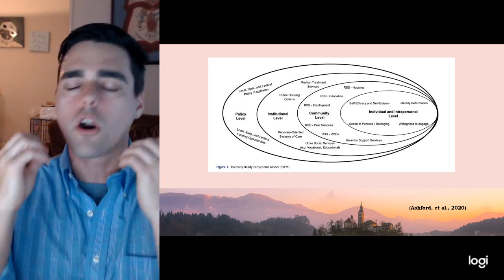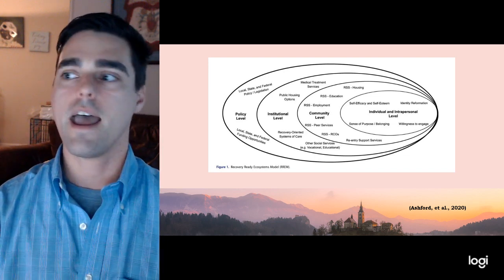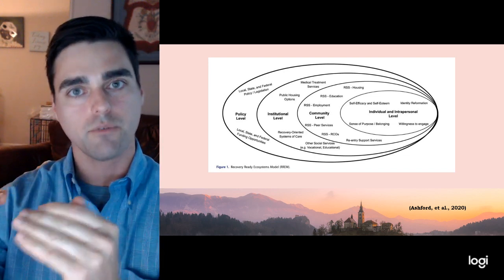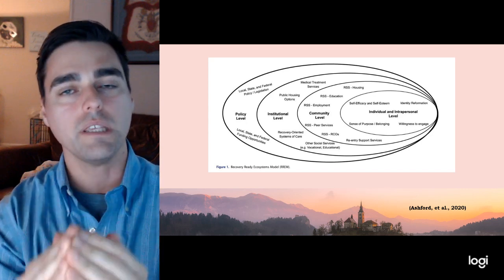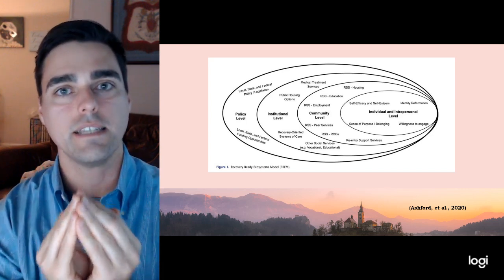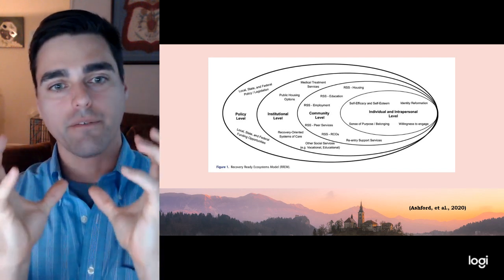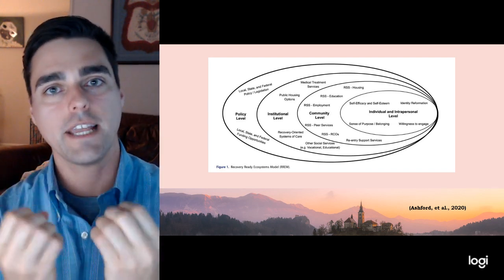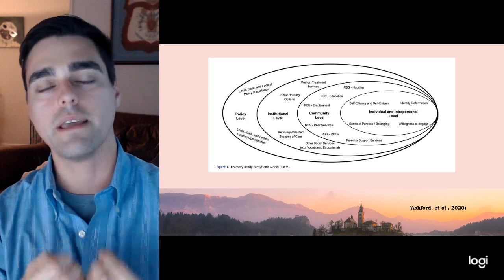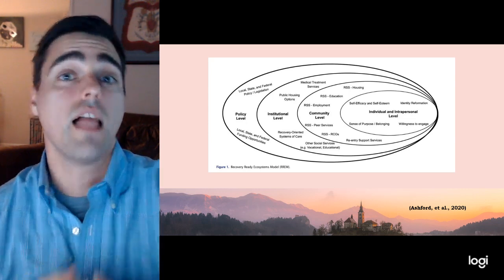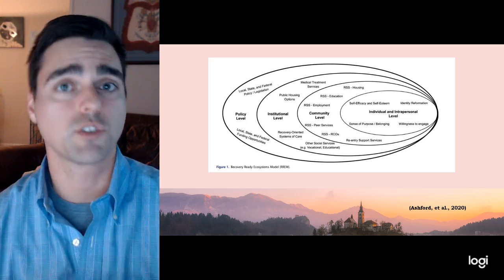There just aren't enough places like that, and that fits into that community level. How can we offer people the services that they need to be able to recover? Because if we have a better environment for recovery, the chances that they're going to be able to enter that recovery lifestyle are much greater.